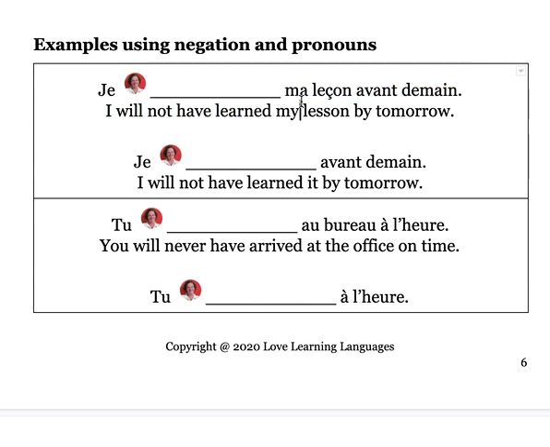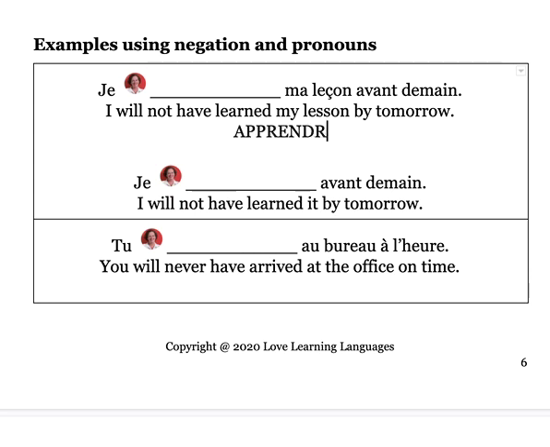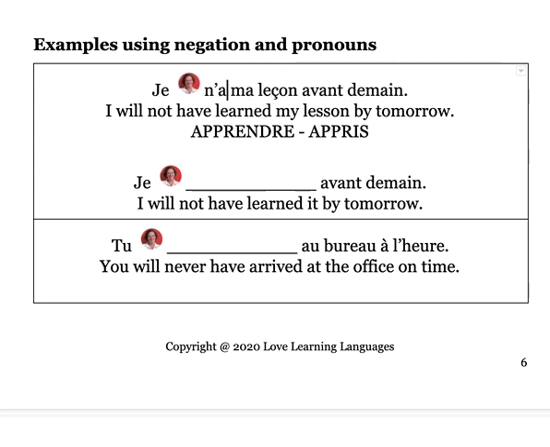So the verb that we're needing here is apprendre, right? And we said that appris is the past participle. Donc, and we want to make it negative, okay? Je n'aurai pas appris ma leçon avant demain.